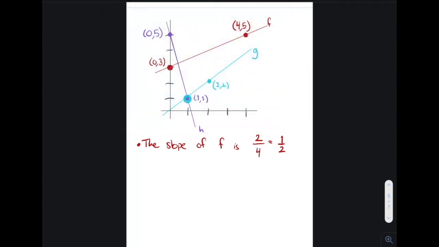Let's look at the slope of the function g. We have the point 1, 1 and the point 2, 2. The change in y, 2 minus 1, is 1. The change in x, again 2 minus 1, is 1. So we'd have 1 over 1, which is just 1.